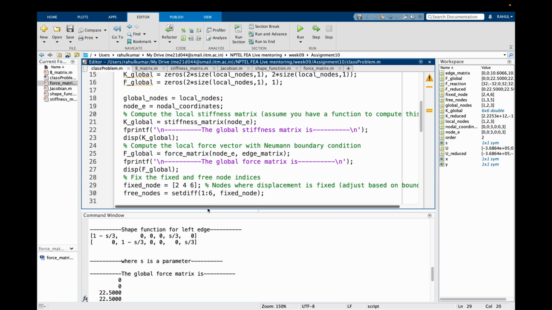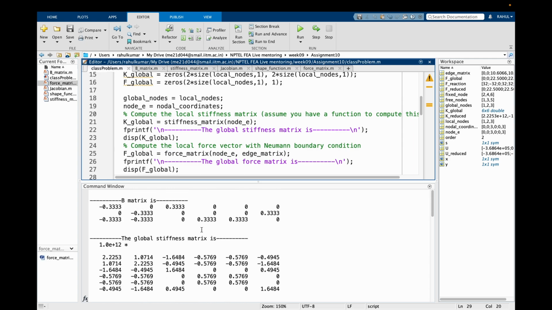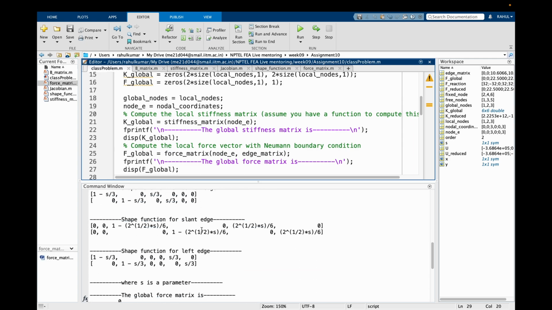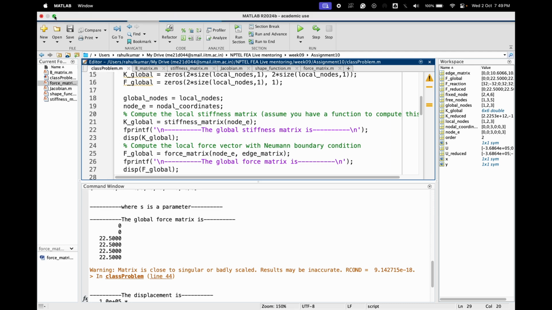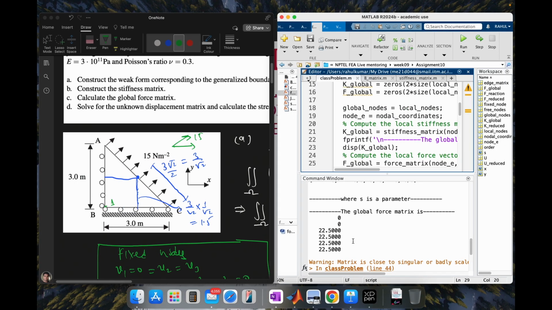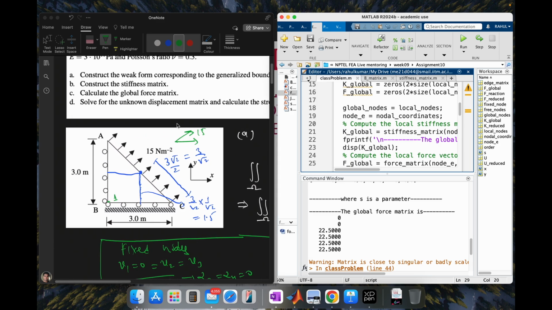Yeah, I have already displayed. This is the global force matrix. Now it is saying solve for the unknown displacement matrix and calculate the stress at point 1.5.